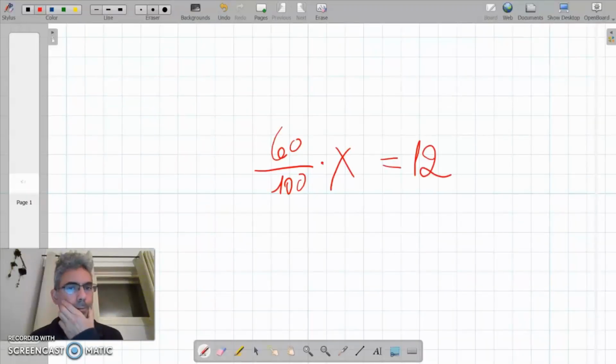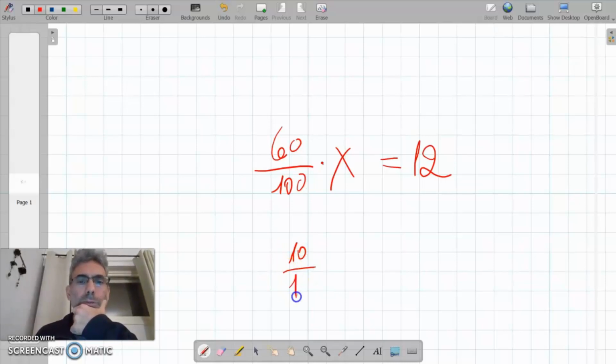Okay. So if 60% equals 12, it means that 10% of x is 12 divided by 6, which is 2.